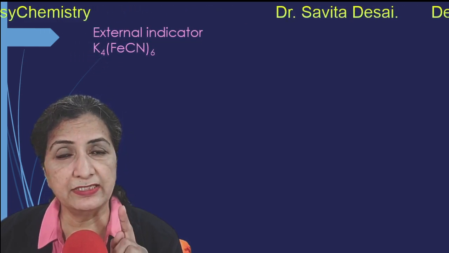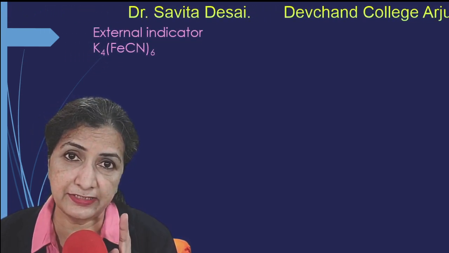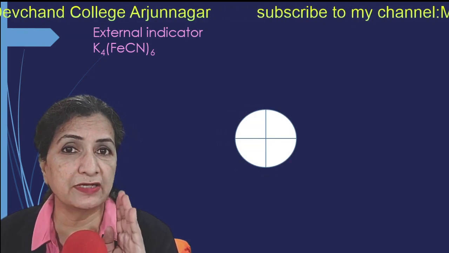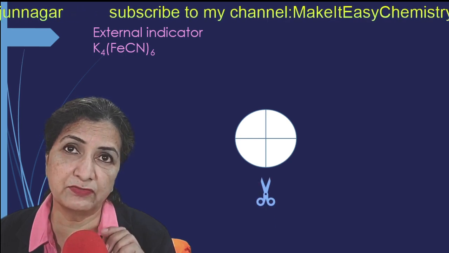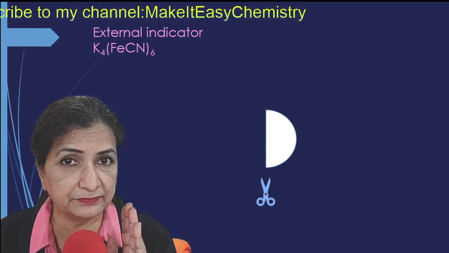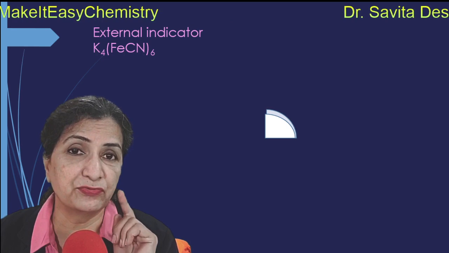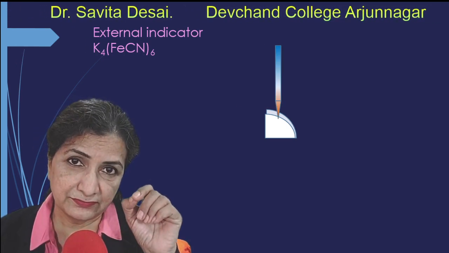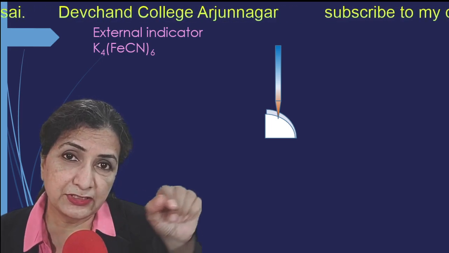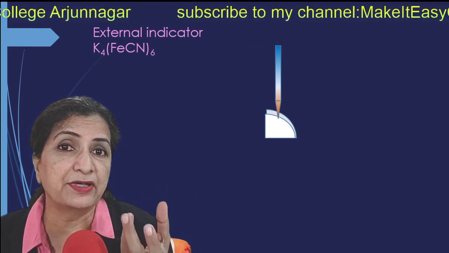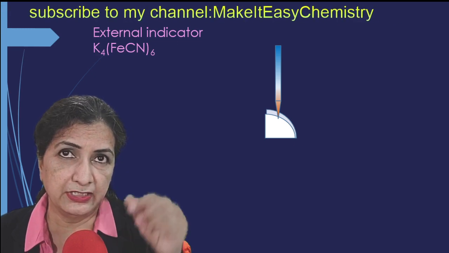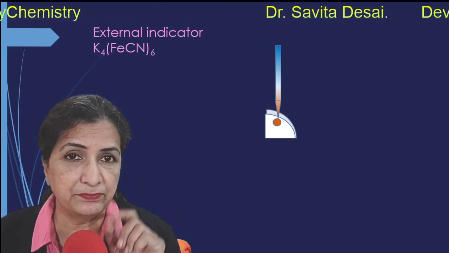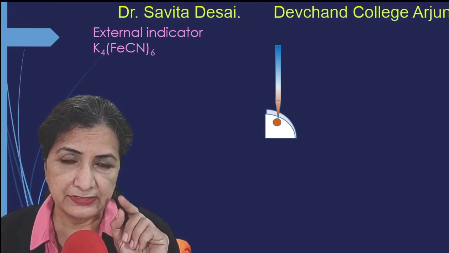When we intend to use the external indicator, K4Fe(CN)6 is to be used. We are going to use a filter paper. First of all, we cut it into half. Then we fold it and add a drop of the solution from the evaporating dish on the folded paper.